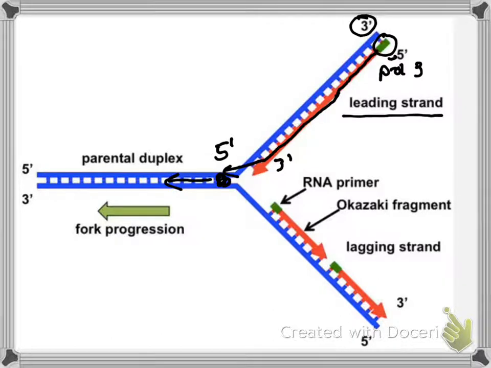But the other side of the DNA, this blue side, remember, it's still anti-parallel. So over here, you've got 3' and you've got 5' here. So that means that the helicase is moving in the opposite direction from how the DNA polymerase 3 can read. And that means that the enzyme has to do this in chunks. So this is the strand that we call the lagging strand.